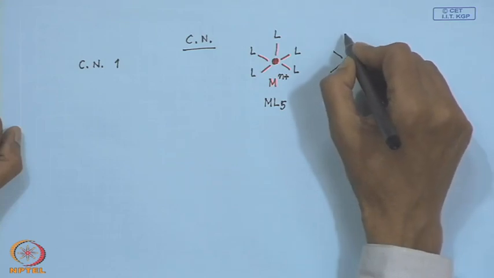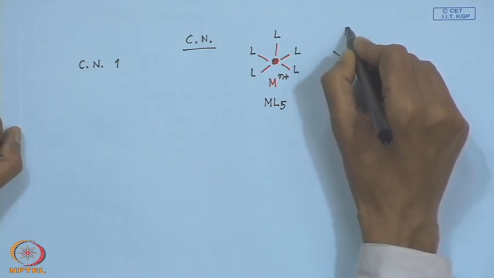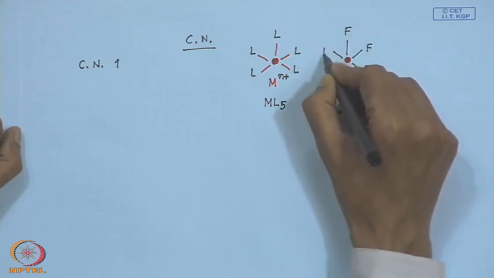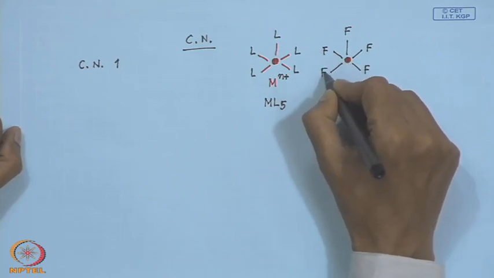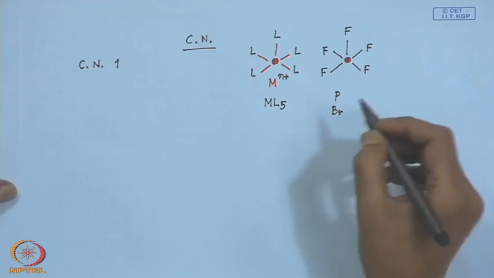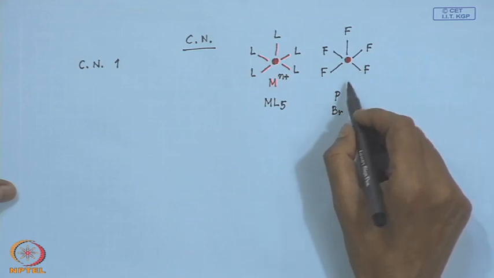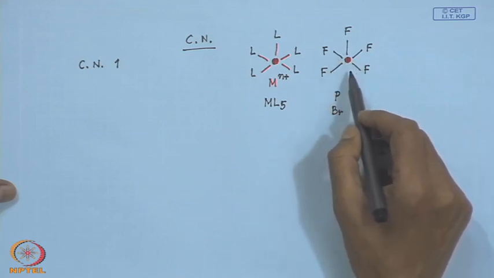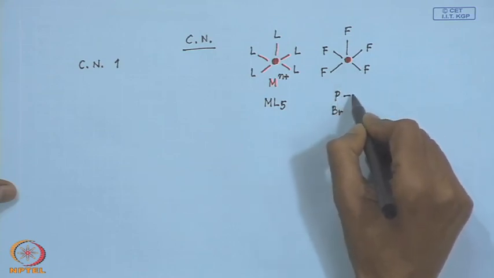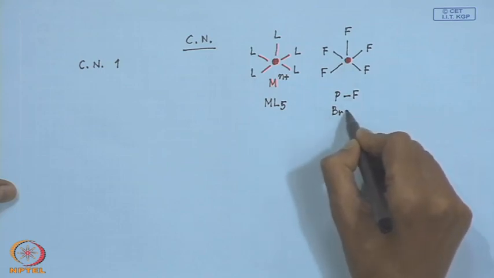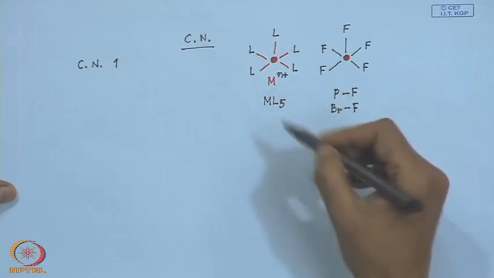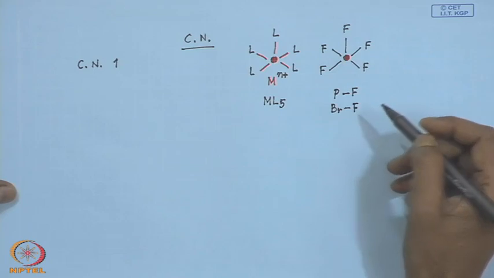In that case also, if the ligands are fluorine atoms, very much similar to the metal complex, a particular center is surrounded in a typical geometry, where we can have the phosphorus-fluorine bond or the Br-F bond, or in some other cases some other bigger geometry.